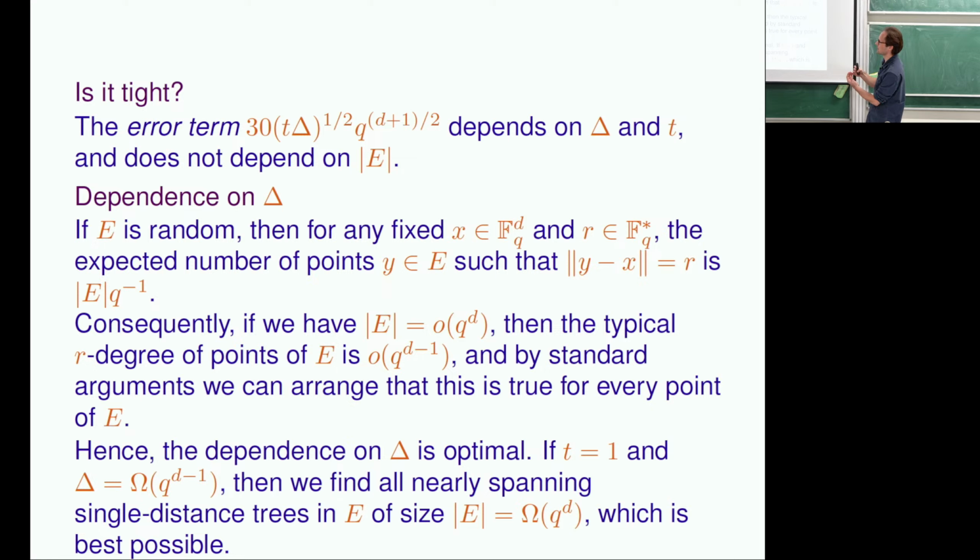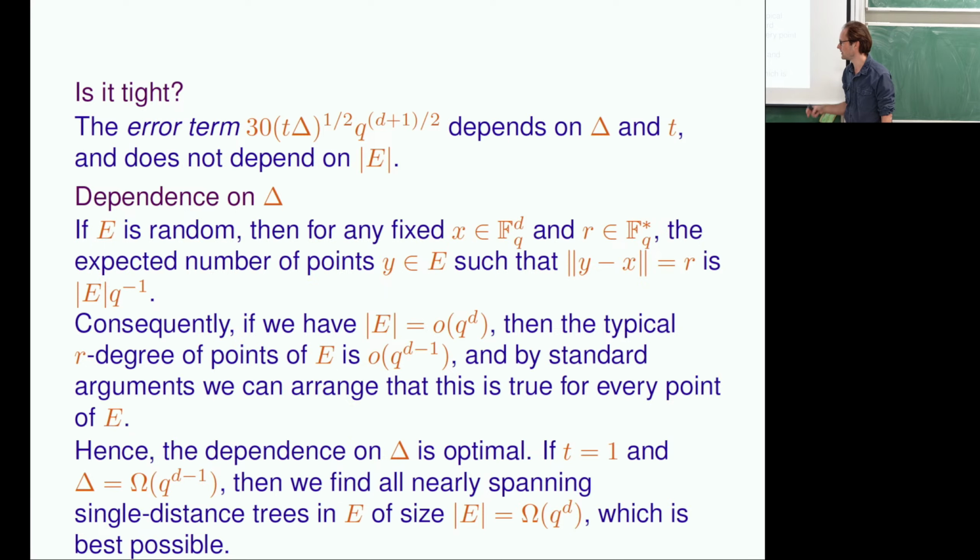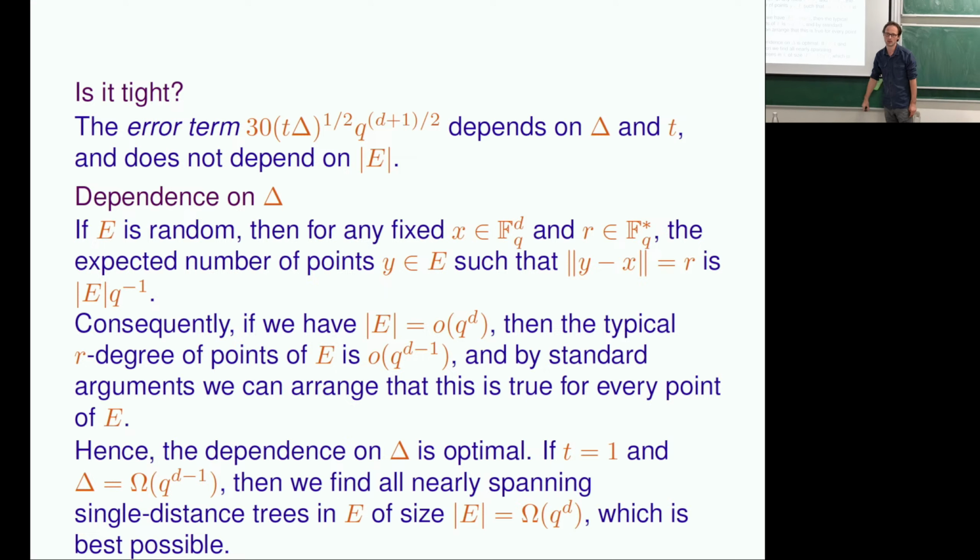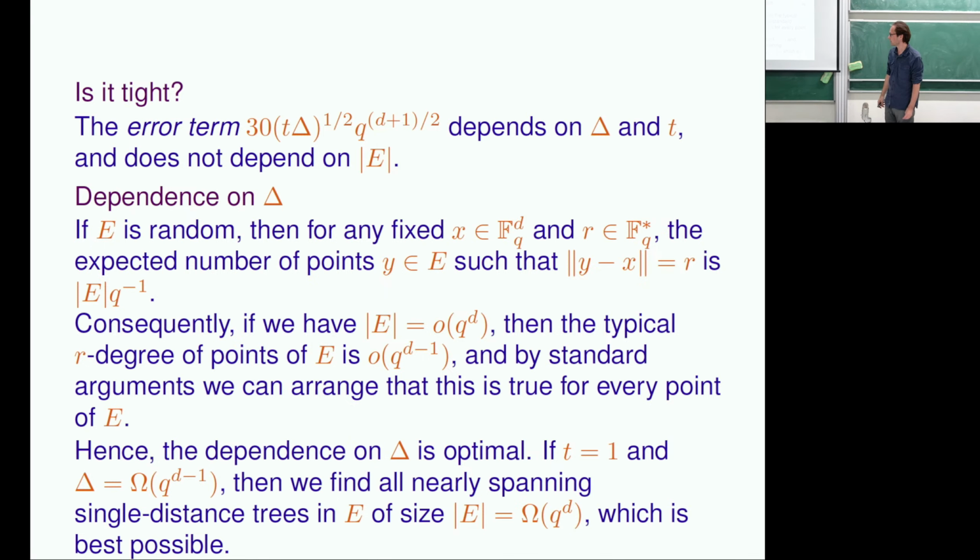So for this extreme range, the dependence on delta is possible because if we plug q to the d minus 1 in for delta, then the conclusion of our theorem would be that we can find every single distance spanning tree of size q to the d. And we can't replace q to the d with anything smaller and still have a true statement.